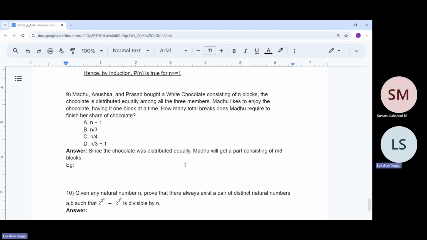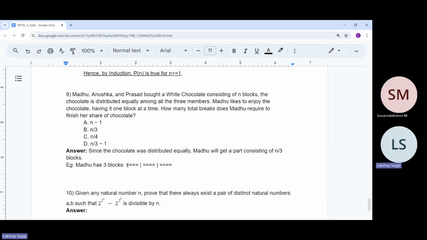Let's see what an example chocolate will look like. Let's assume Madhu has a part which has 3 blocks. Then this chocolate will look something like this: there are 3 blocks, one block, then the separator, then the second block, and then the third block.